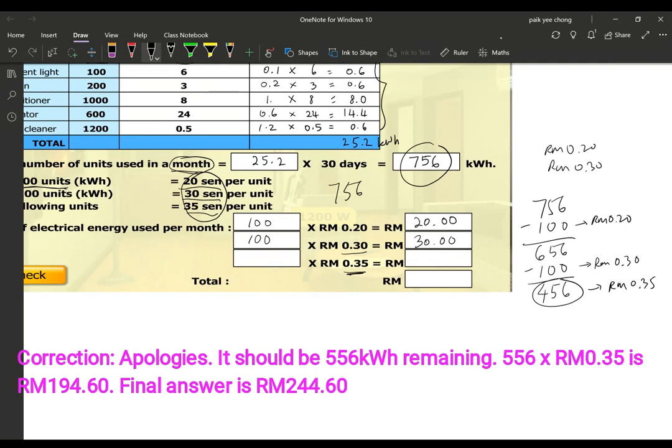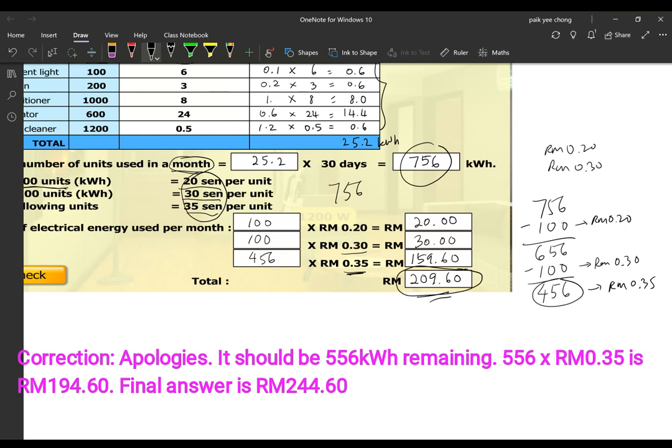So the remaining 456 you have to times 35 cents. You see what it actually means: the more electricity that you use, the more you end up paying. It's 159.60. Now you add up all of this, and you get, wow, 209.60. This is the actual bill that you have to pay at the end of your month.